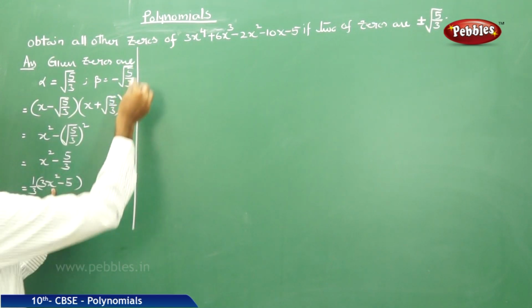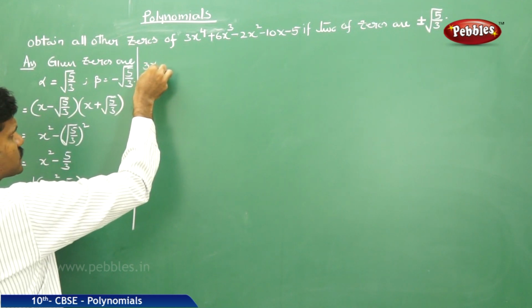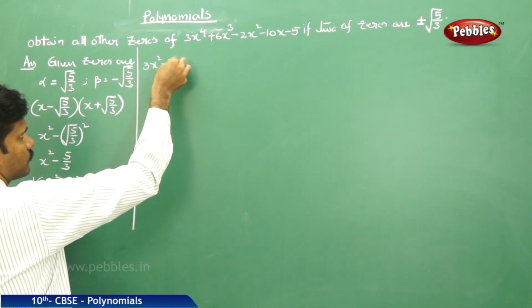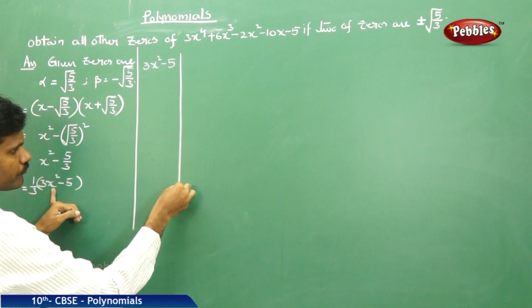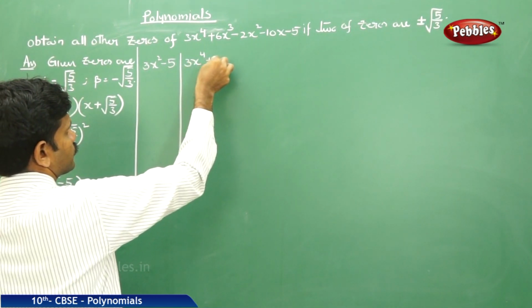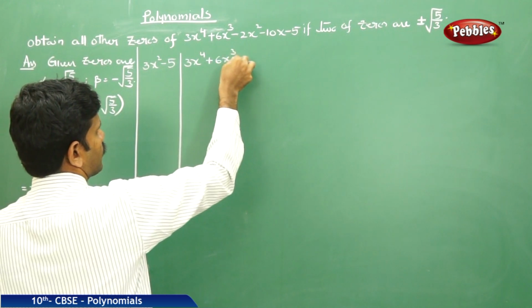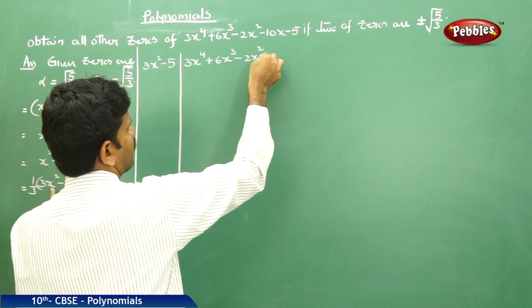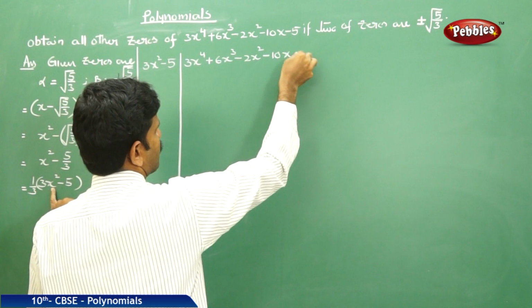That is, write 3x square minus 5 dividing 3x to the power 4 plus 6x cube minus 2x square minus 10x minus 5.